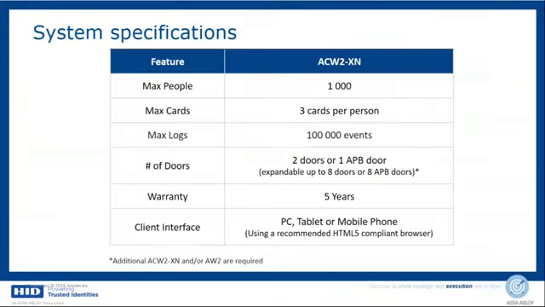The controller, these are the system specifications of the controller. As we saw in the past, the max quantity of people that we can have inside our controller is 1,000. But to each person that is already inside, you can add up to 3 credentials.